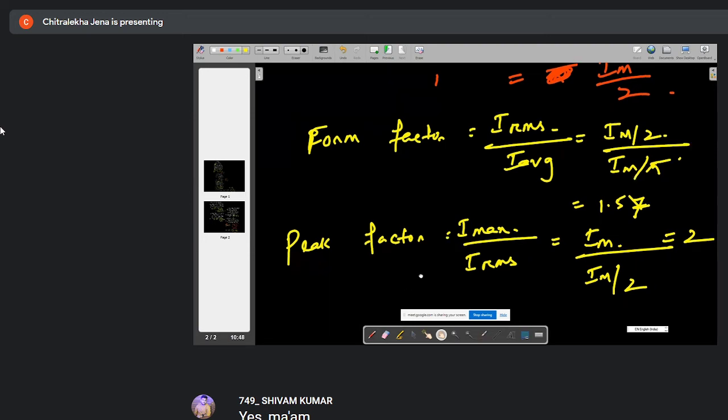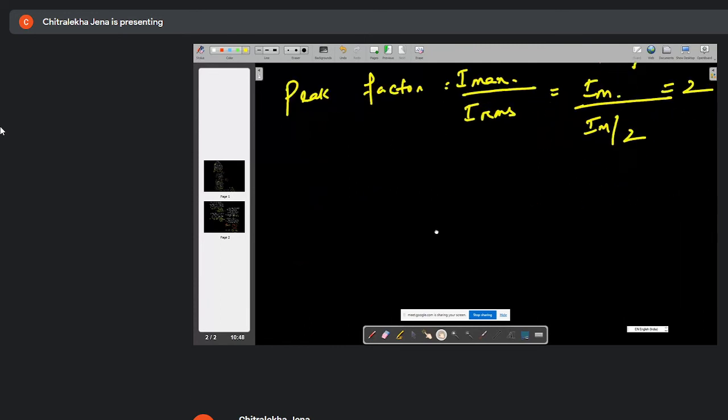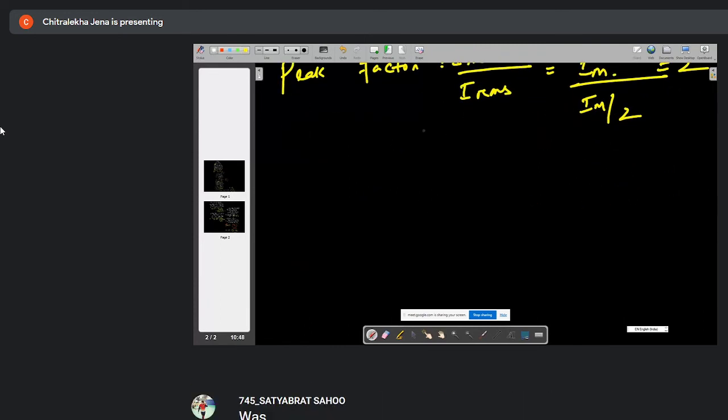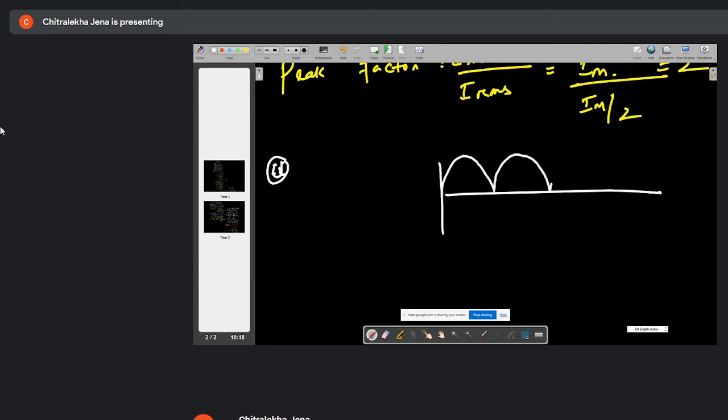Last waveform is what? Full wave rectified. Full cycle rectified means you will have positive and negative, then rectified, so there is no negative component. That is DC.